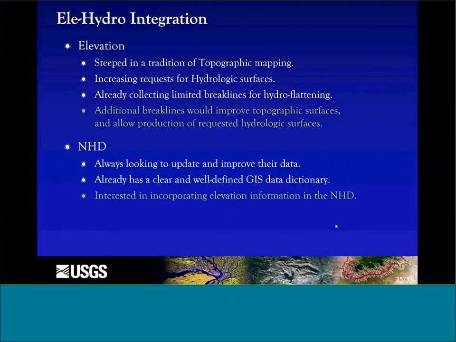And lately they've been getting more requests and developing interest in actually incorporating elevation information into the NHD. What this really comes down to is we have an ideal setting for further cooperation between the two groups and integrating the data sets much more closely than they have been.